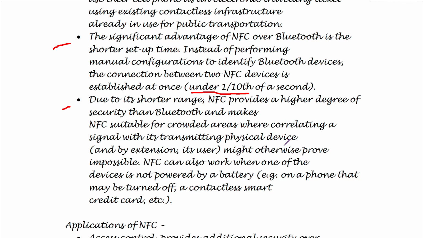For instance, in case of Bluetooth, if two Bluetooth devices are connected to each other, they can operate at a range. And in a crowded area, it's very difficult to find out which Bluetooth device you are connected to. But in NFC, you have to go to that device and then only the communication is going to take place.